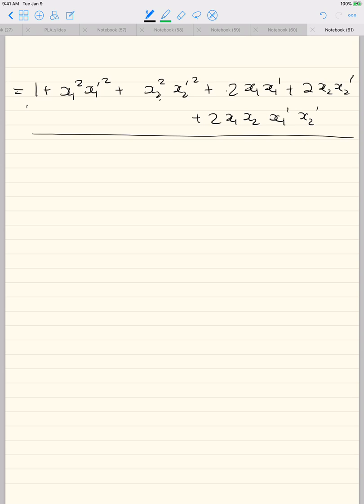So it turns out that the two are essentially identical if we had defined the z and z prime slightly differently.